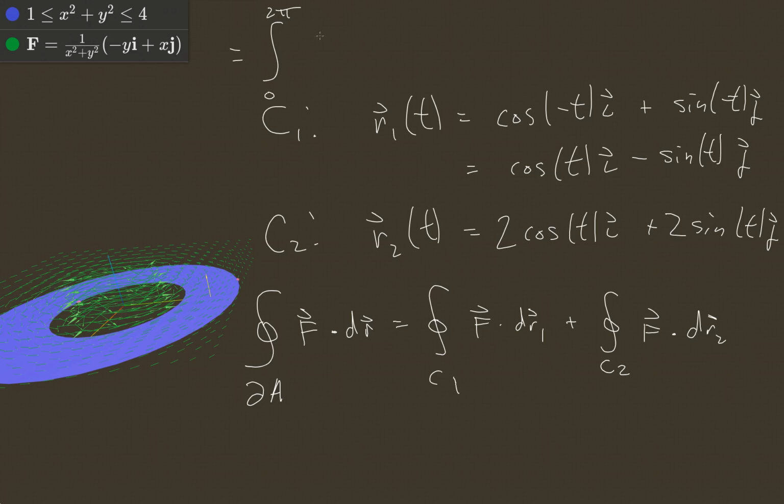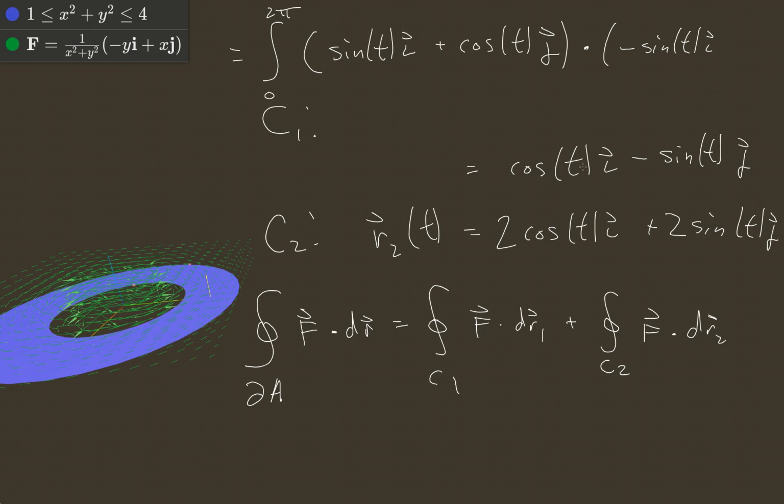So the F part will be sin t i plus cos t j, and then dr1 will be negative sin t i minus cos t j. So that accounts for this term.